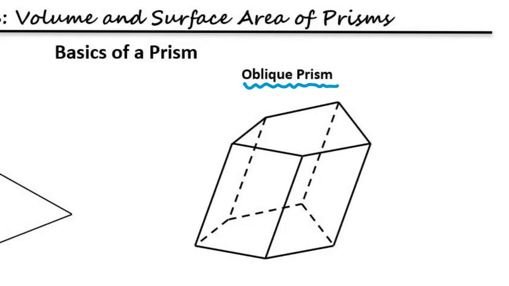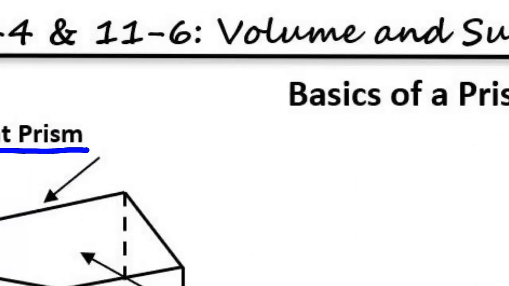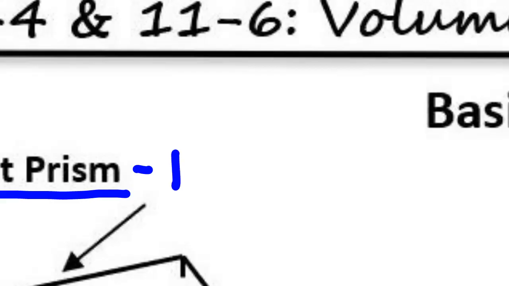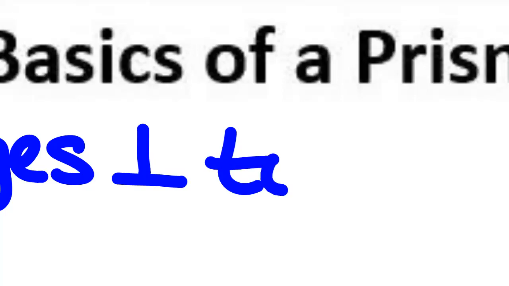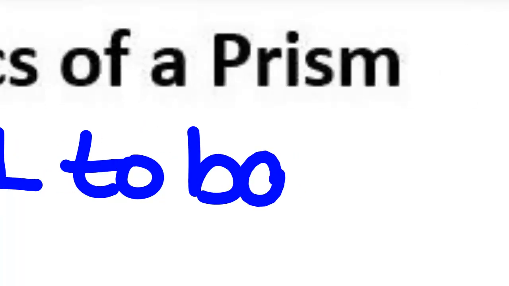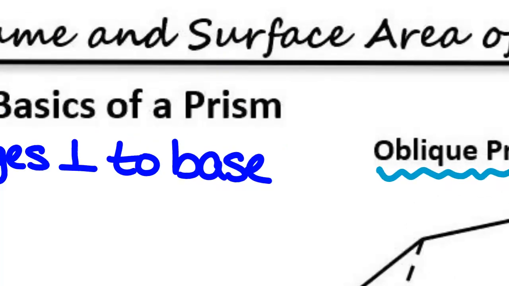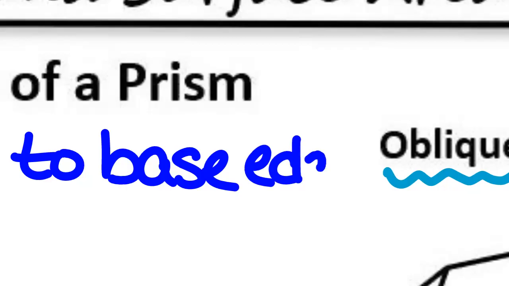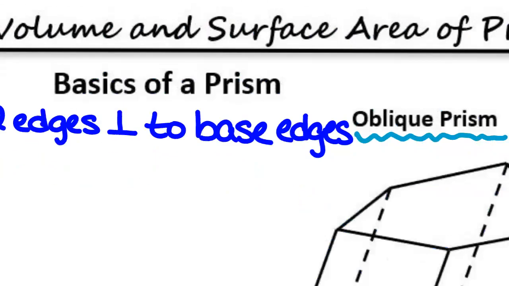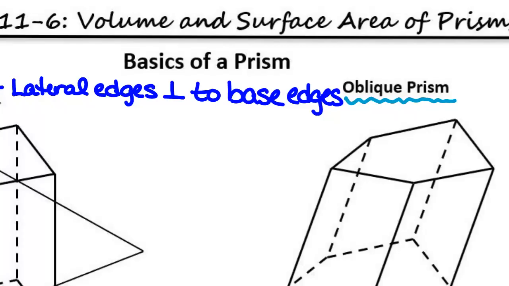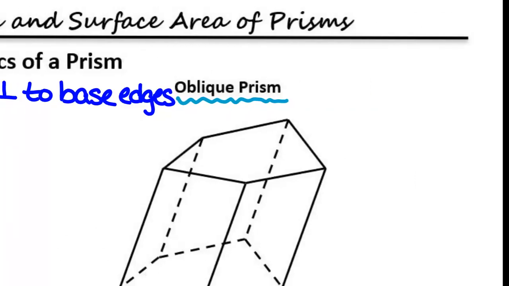In a right prism, the lateral edges are perpendicular to the base edges.